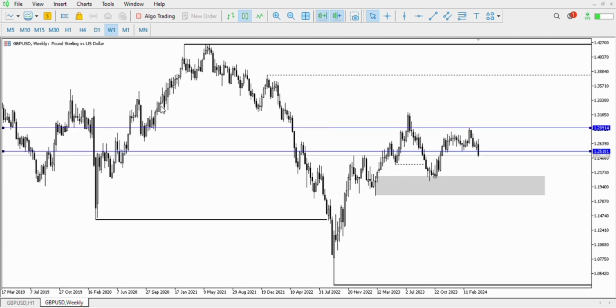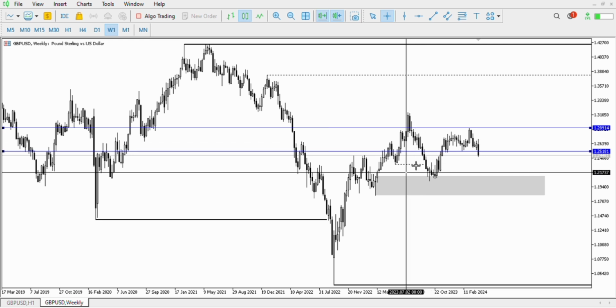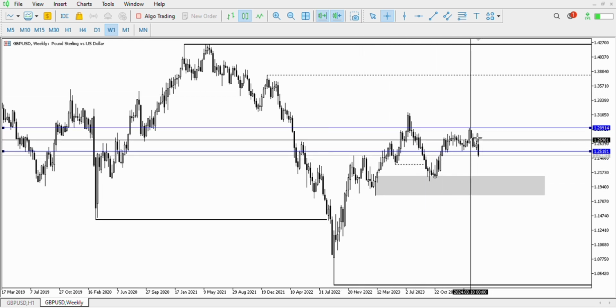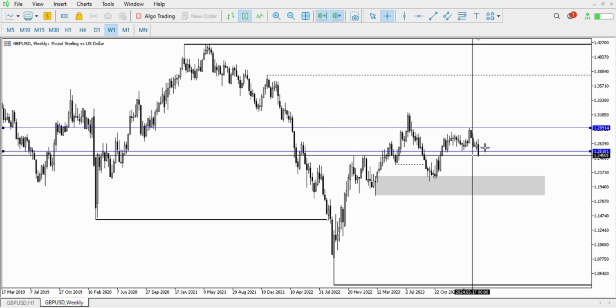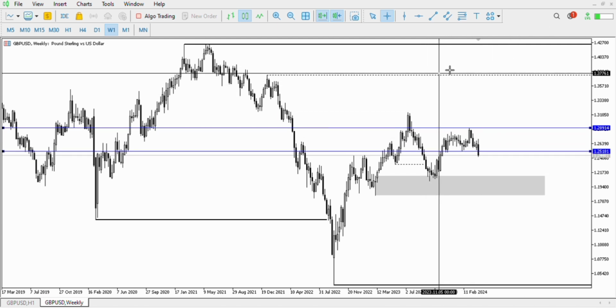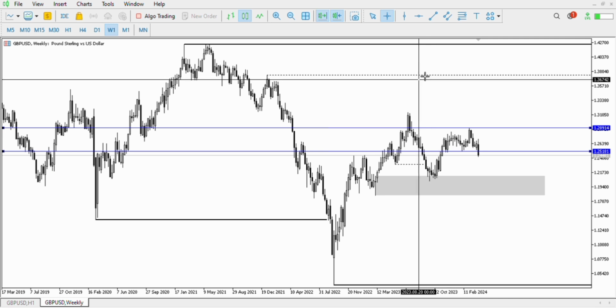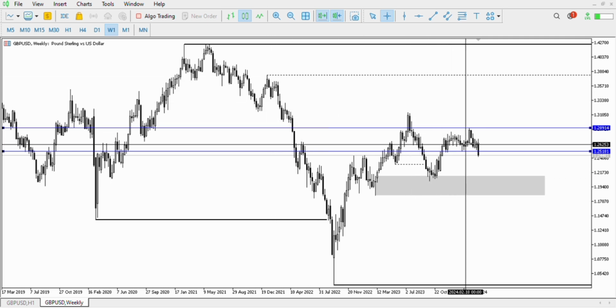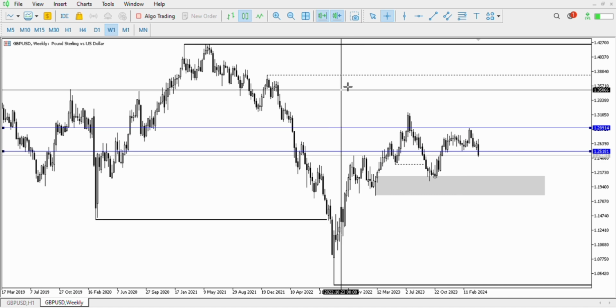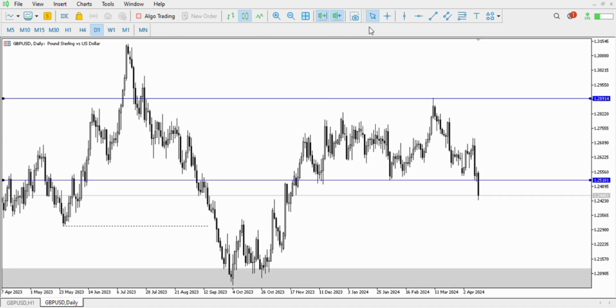Looking at the weekly time frame, you can see that after this inducement, price came down to this other block and price is heading higher. So if we have a bias that price might want to head high to this liquidity here or the other block, then it simply means that if the daily time frame is showing a downtrend, it's just a temporary downtrend heading to a possible area.